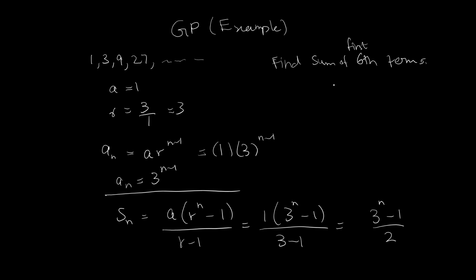We already know the formula for S of n in this case, and hence S of 6 would be calculated from it, and just look in the MCQ, then you will have the option.